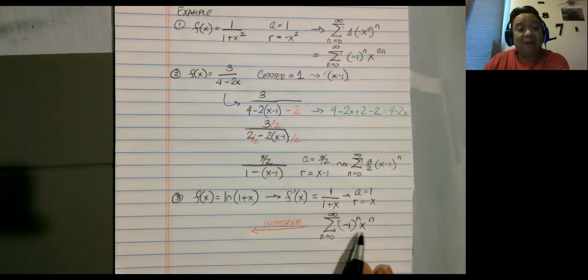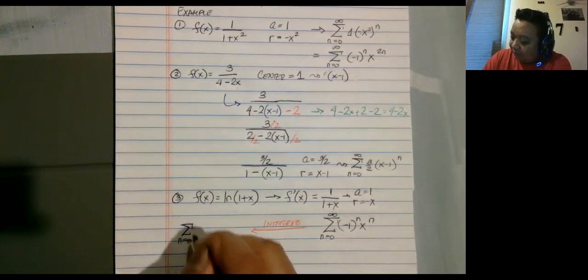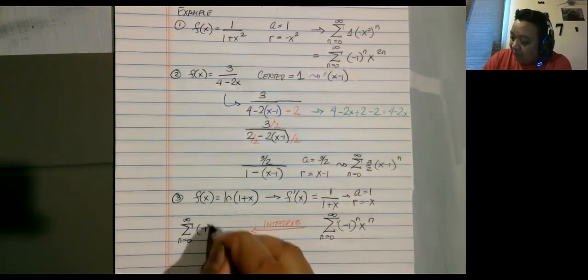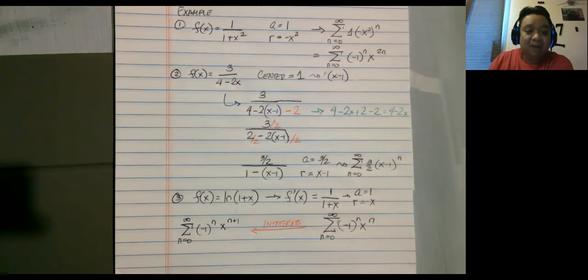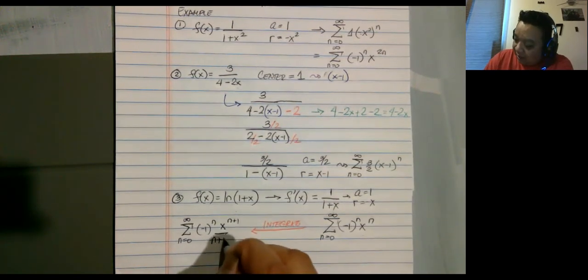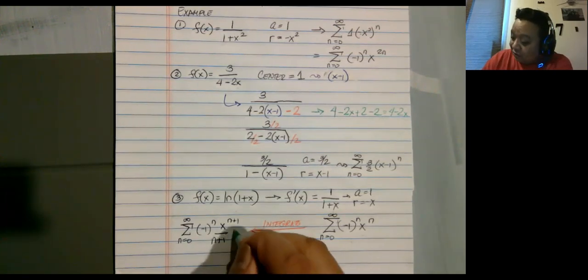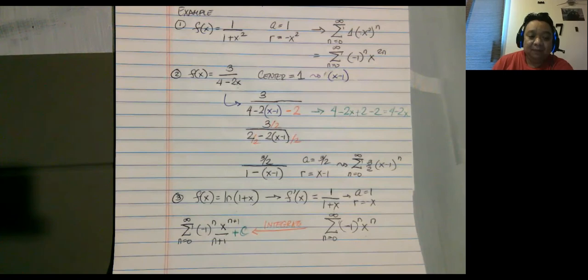So now apply the power rule on the polynomial, and so your power series then, remember, x is the variable, so this would be -1 to the n, and you get x to the n plus 1 power, so you add 1 to the power, divided by n plus 1, and then remember, it's an indefinite integral, so there's always a plus c. Any questions on that?